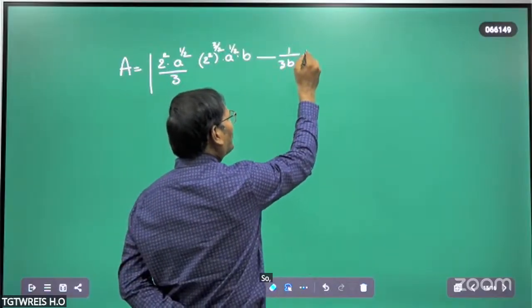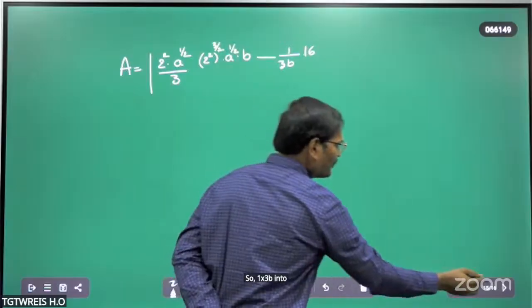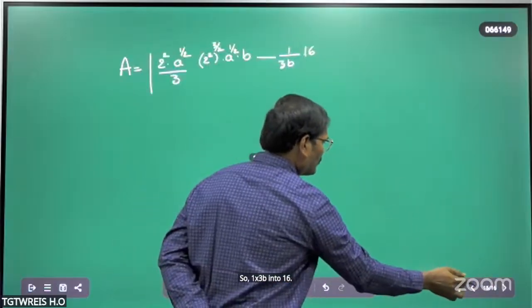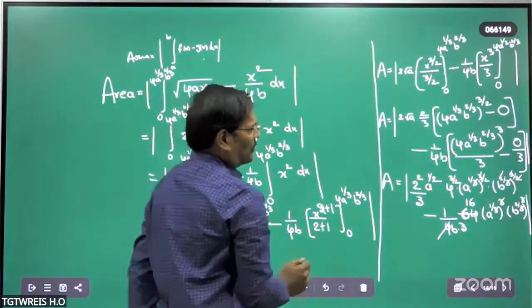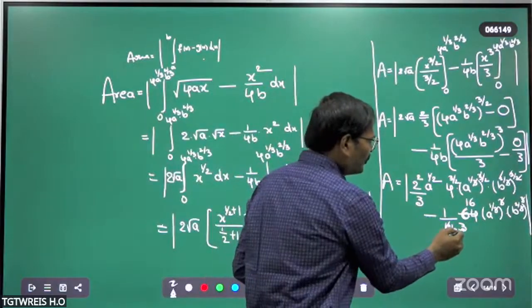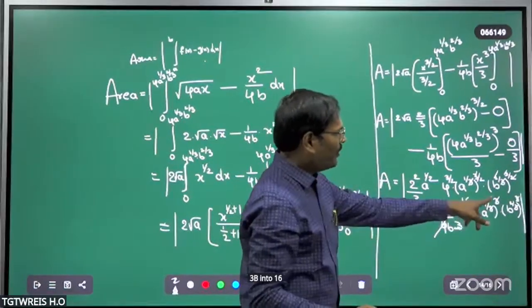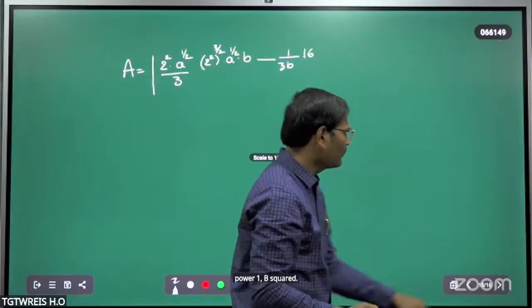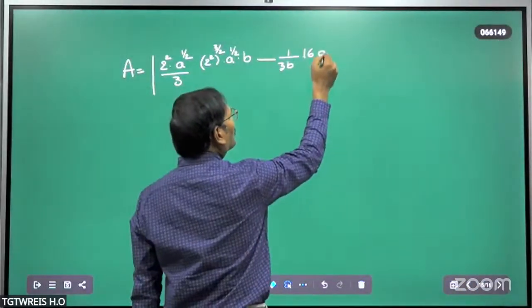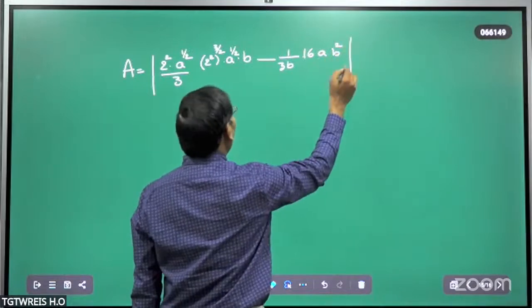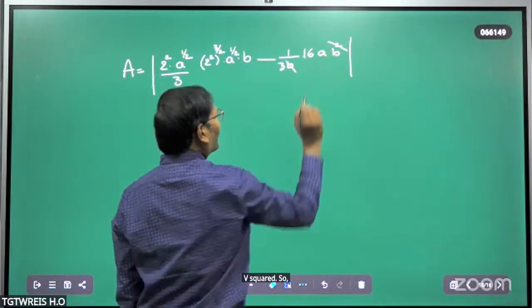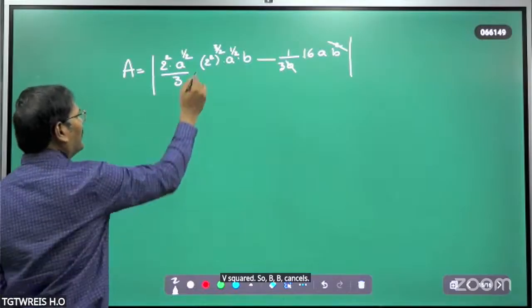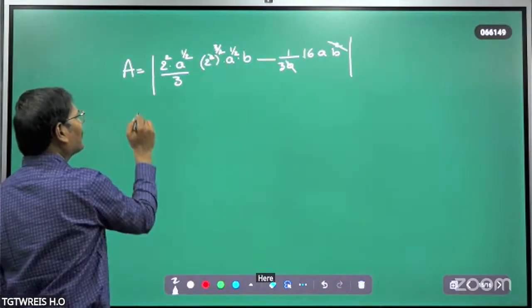So 1 by 3b into 16 into a power 1 b square. So b cancel. Here 2 cancel.